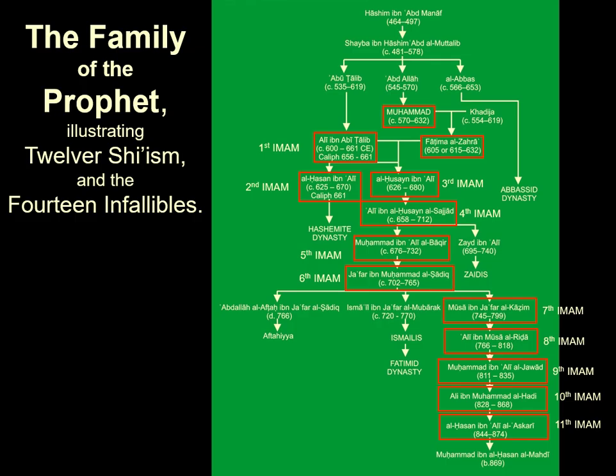After the death of Hassan, the 11th Imam, the leaders of the movement claimed that he had a son called Muhammad, who went into a state of occultation, meaning hidden. He, that 12th Imam, is the Mahdi, or Messiah, who will return at the end of days to sort everything out, according to Twelver Shia belief.